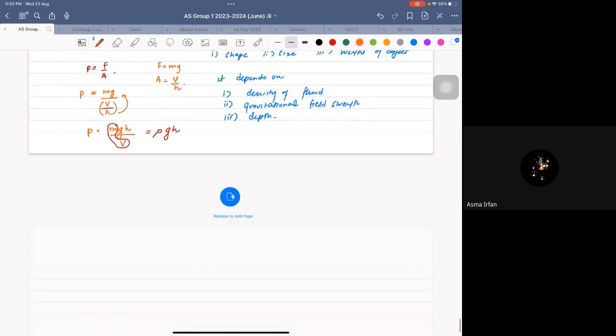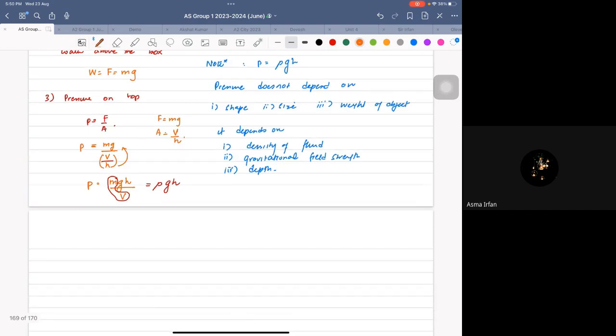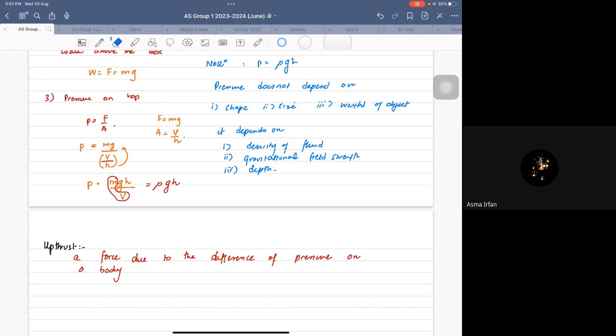Yes, sir. Good. Now we're going to talk about the next type of force, which is called upthrust. This is completely new for you, so please pay attention here. Upthrust is a force due to the difference of pressure on a body submerged in a fluid.